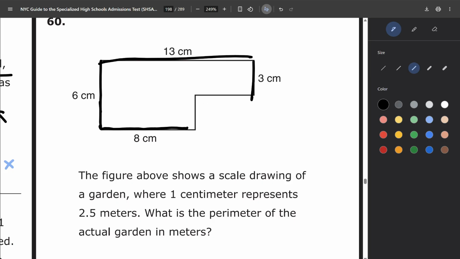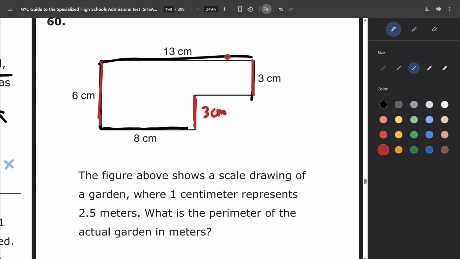What about the sides that I didn't bold? Well, first let's look at this one. So this side has to be 3 centimeters because this side and this side both make up this side. Do you notice how these should add up to equal this? Yep, exactly.